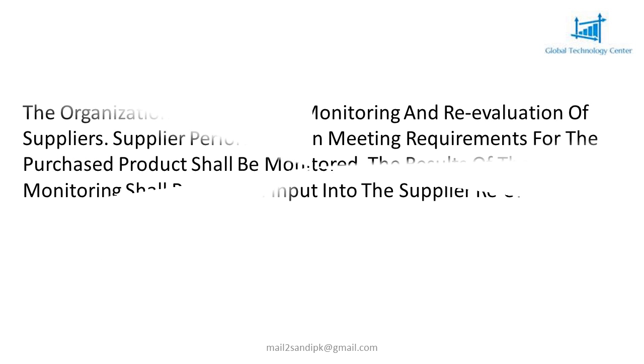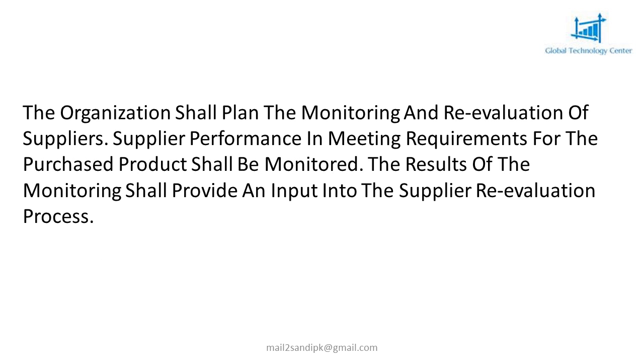The organization shall plan the monitoring and re-evaluation of suppliers. Supplier performance in meeting requirements for the purchased product shall be monitored. The results of the monitoring shall provide an input into the supplier re-evaluation process.